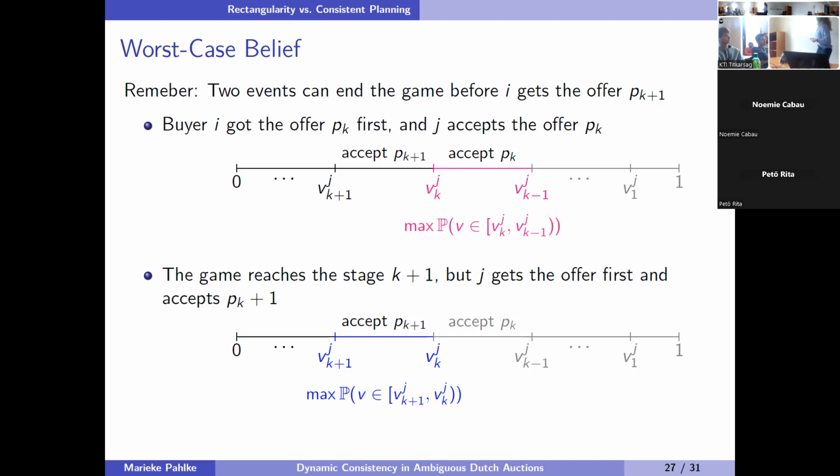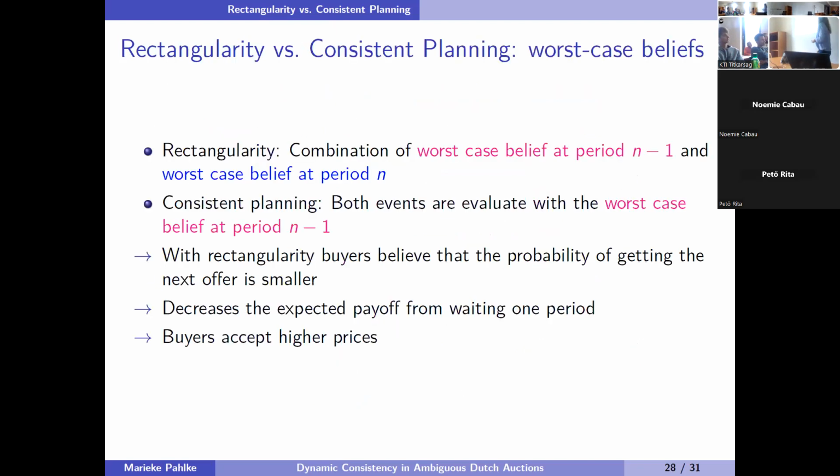So consistent planning considers that myself tomorrow will think something different here, but this event happens before I learn that it's tomorrow. And therefore, it gives a bit different belief to this event. So under consistent planning, those events are evaluated with this pink belief, and with rectangularity, I have these two different beliefs. Therefore, with rectangularity, I have a worse case belief, and therefore I accept even higher prices.